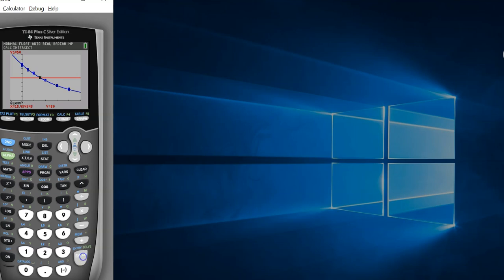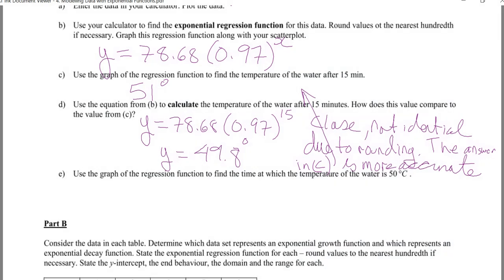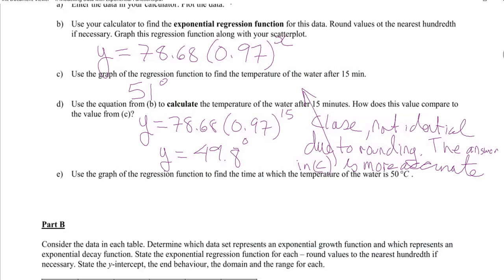Hit enter, and then it wants a guess, so put me about where they intersect. I like to shortcut that: just move to the intersection and hit enter 3 times. One more enter, and we get the time: 15.689, call it 15.7. The time at which the temperature is 50 degrees is 15.7 minutes.